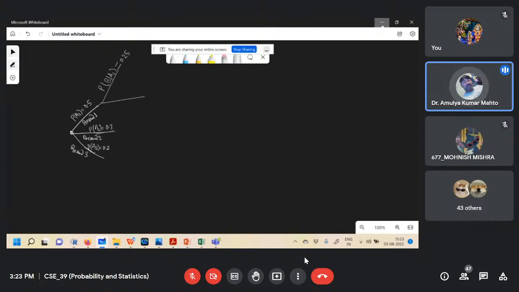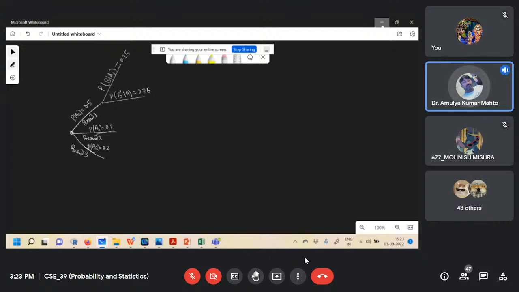0.25. Similarly, if you consider this one, then this is the case of no need of repair, and this probability is 0.75, because the rest don't need repair.